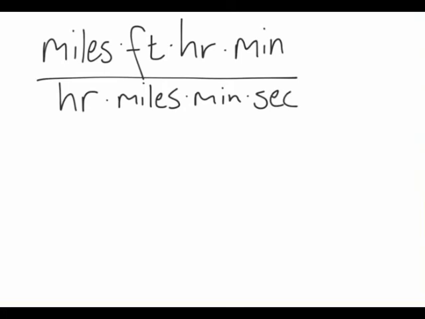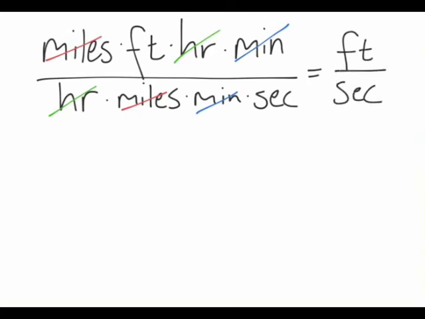But no, it's the same exact concept that we have been looking at. Miles on top, miles on bottom, minutes on top, minutes on bottom, let's see, hours and hours, leaving us with feet over seconds. Now, what in the world does this have to do with our original problem, with our snake?